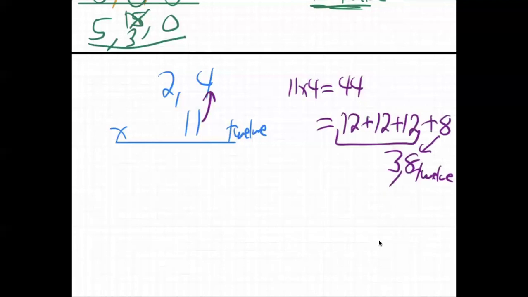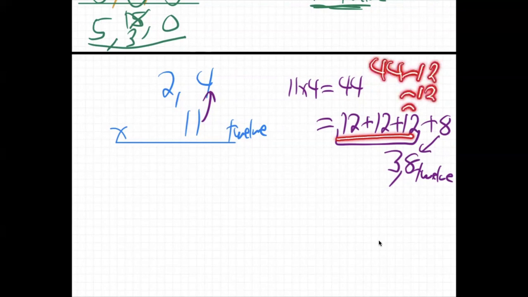You see what I just did there? One more time. 11 times 4 made 44, but then you've got to convert that. Anything 12 or more must be converted to base 12. How do you do it? You start adding up 12s until you're just below the number. So 3 12s, and then just subtract that in your calculator. Just take 44 minus 12 minus 12 minus 12, and you'll get 8. 8 left over.